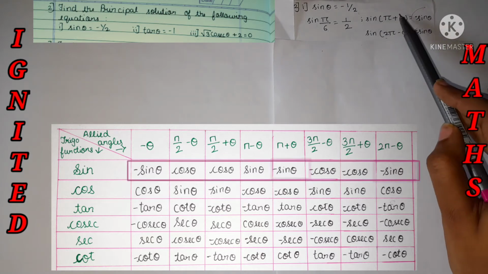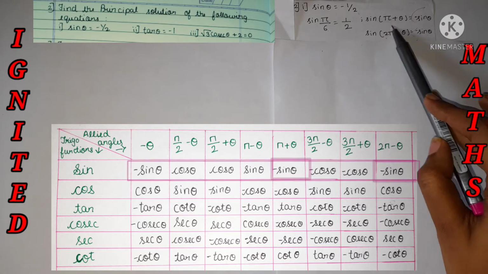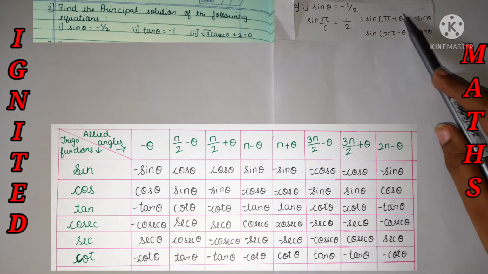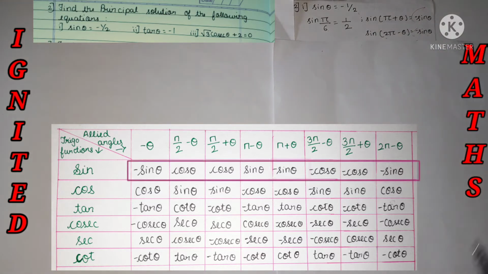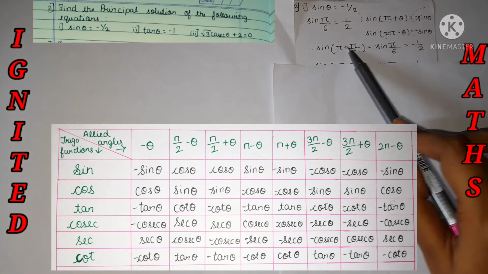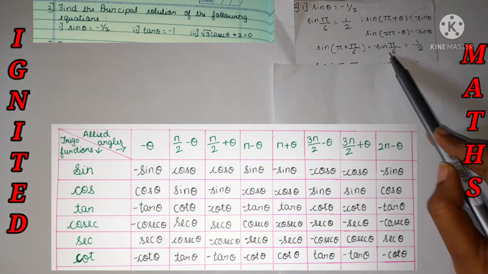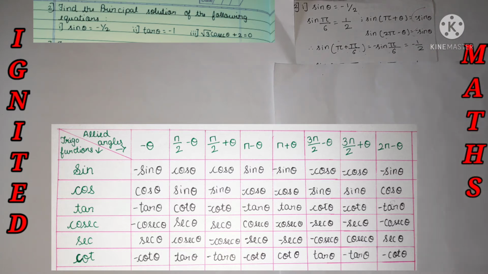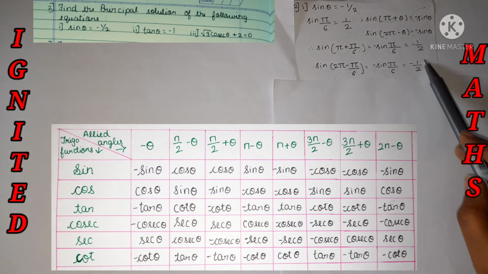For both the functions, pi plus theta and 2 pi minus theta, we will be getting the answer as minus sine theta, that is nothing but minus 1 by 2. So I'll just represent theta as pi by 6. Yes, so let's do the calculation. Sine of pi plus pi by 6 is equal to minus sine pi by 6, in which sine pi by 6 is 1 by 2. So I have represented the minus on it. And over here also we will be getting the answer as minus 1 by 2.